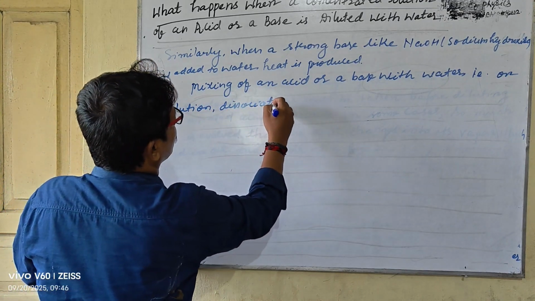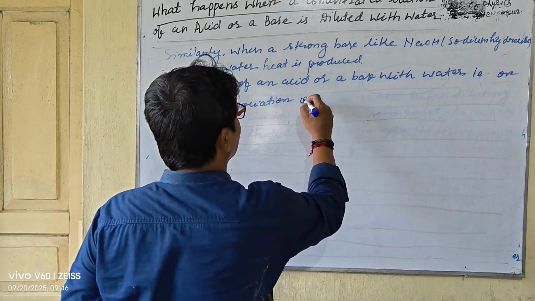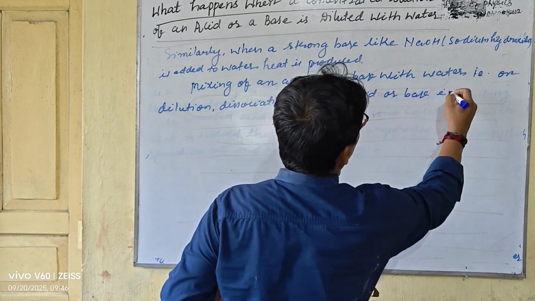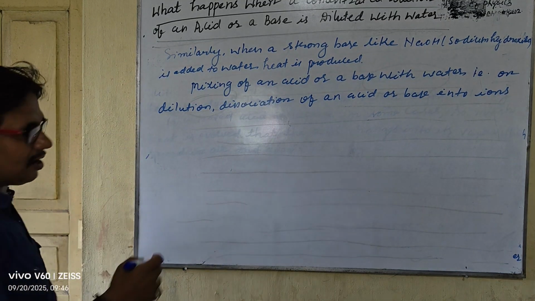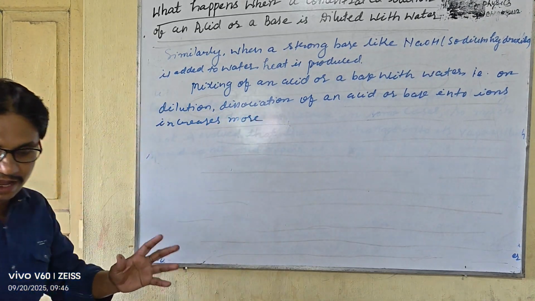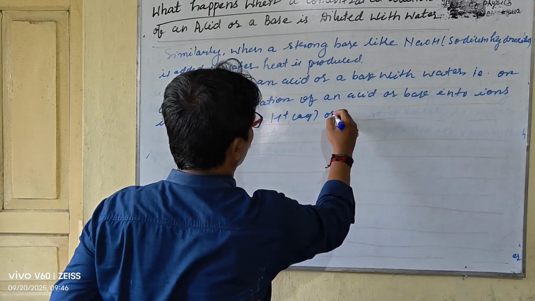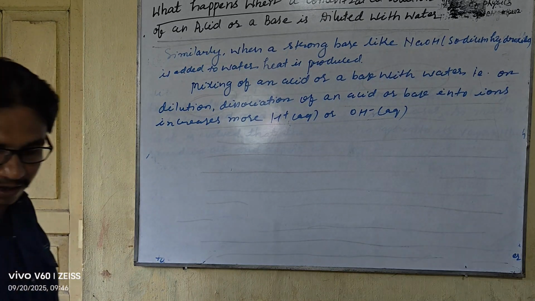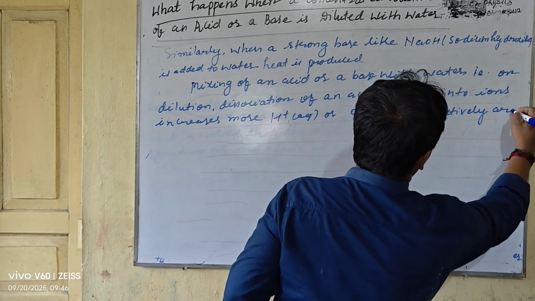Dissociation occurs: the acid or base dissociates into ions, positive and negative ions. More and more H+ (aq) or OH- (aq) ions respectively are produced.